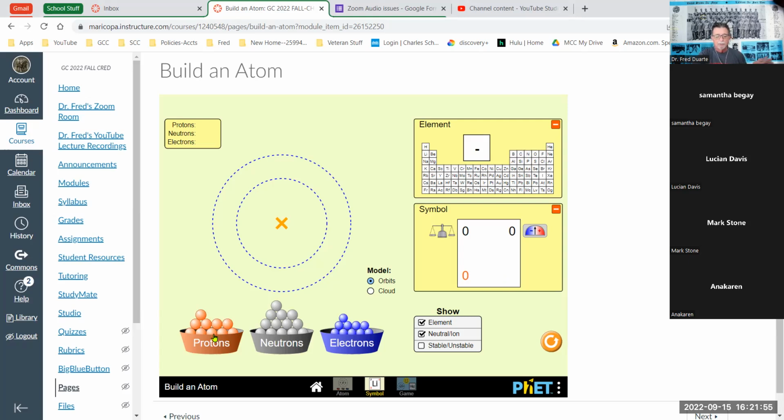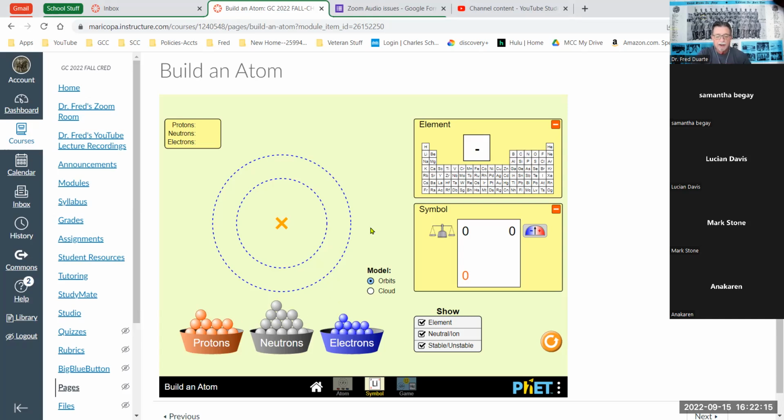All right, so I got 3 buckets here, buckets of protons, neutrons, and electrons. Okay, I'm also going to click stable, unstable, because once an atom is unstable, it would start to vibrate. I'll show you here in a second.